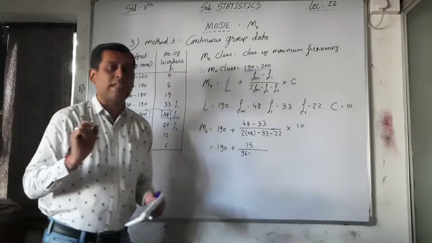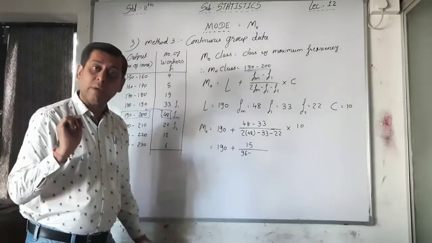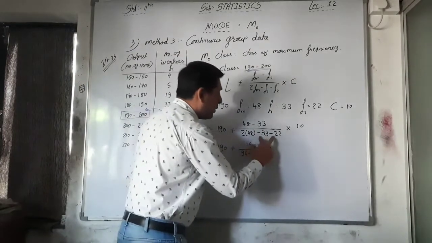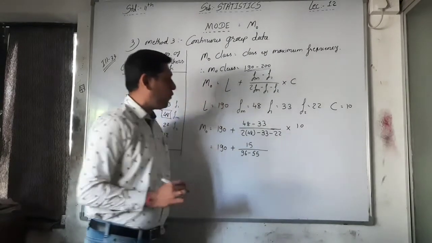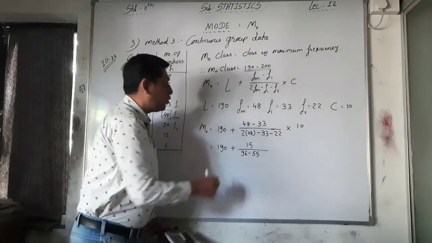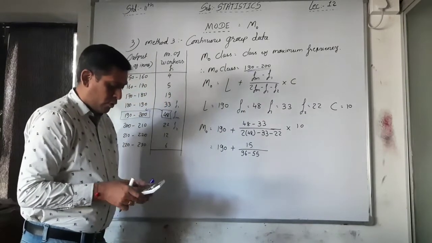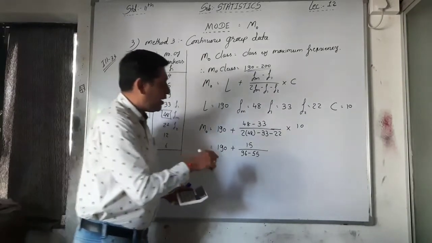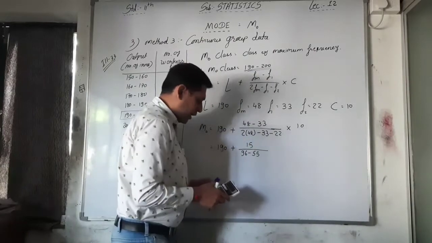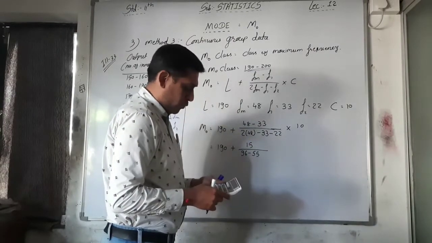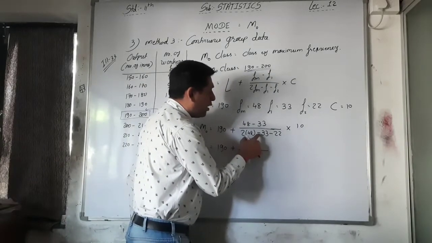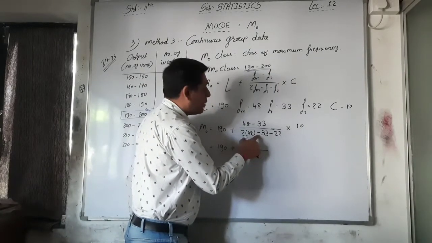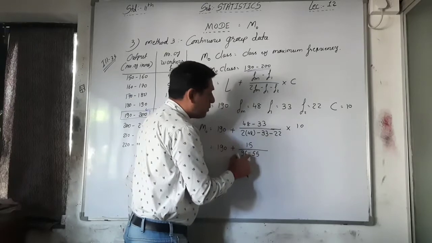See, minus minus plus plus, the sign is minus. 48 twos are 96, 48 into 2, that is 96. And here 33 plus 22, that is 55. But we have to put the sign of the highest number, that is minus.